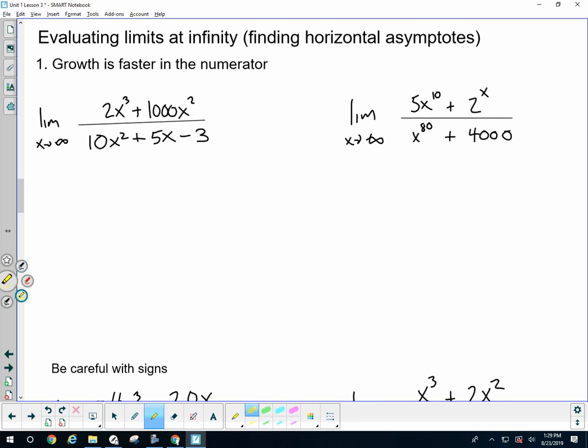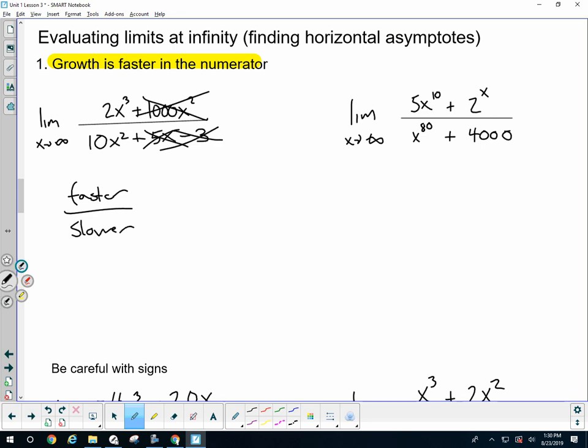Here is how I'd like you to evaluate limits at infinity. There's 3 situations. The first is that the growth is faster in the numerator. So knowing that this is insignificant, this is insignificant, this is insignificant, I see that I have faster growth because it's x cubed compared to the x squared, which is slower.